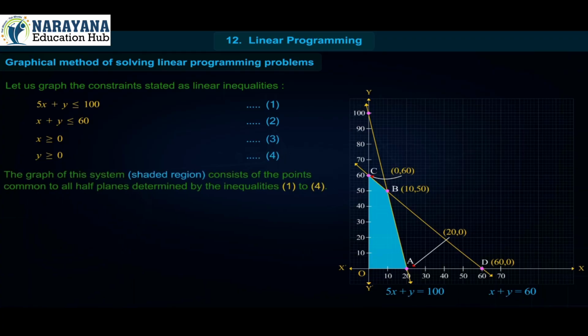The graph of this system, that is the shaded region, consists of the points common to all half planes determined by the inequalities 1 to 4.